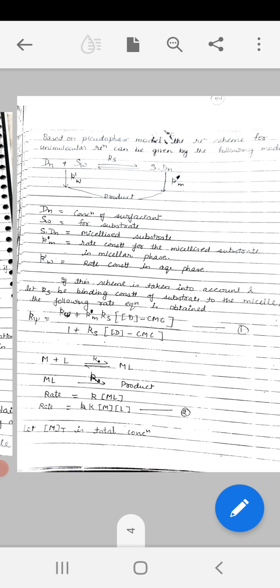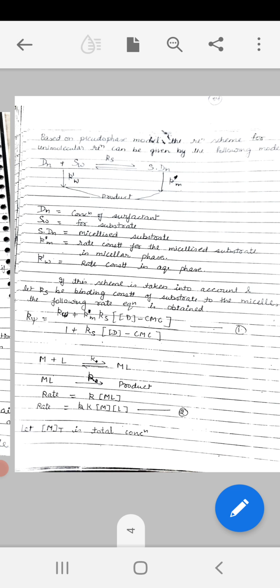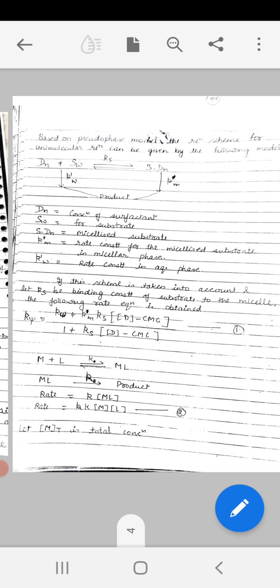If this scheme is taken into account and Ks is the binding constant of substrate to the micelle, the following rate equation is obtained. K psi is equal to Kw plus Km Ks, in brackets concentration of D minus CMC, divided by 1 plus Ks into D minus CMC. This is equation number 1.